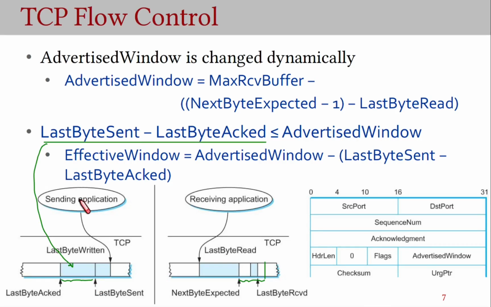So on the sender side, the sending window size also changes according to the advertised window and how much data is sent but not acknowledged yet, right? And that effective sending window size, which is this variable effective window, is the difference between the advertised window and the amount of data that has been sent but not yet acknowledged.